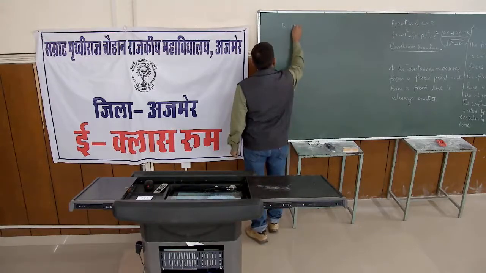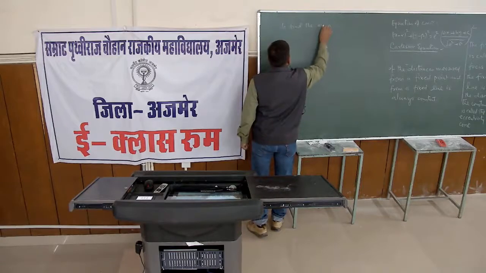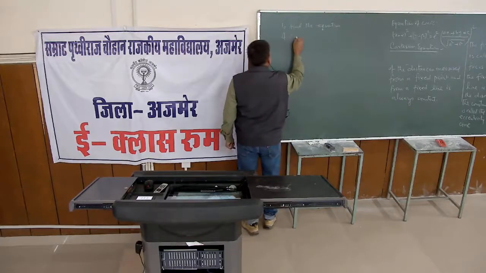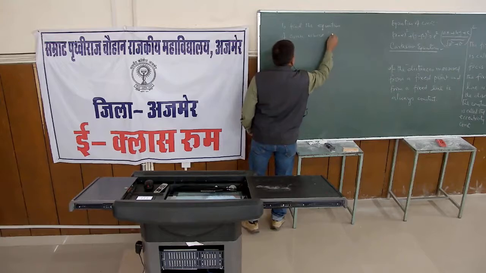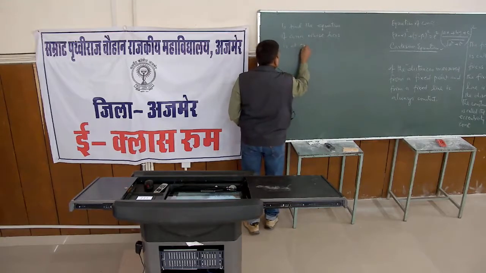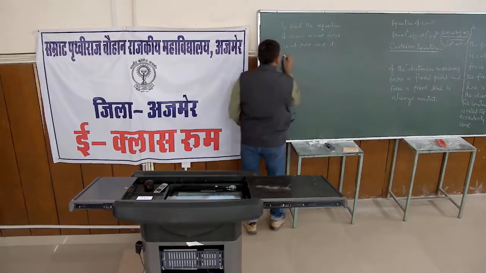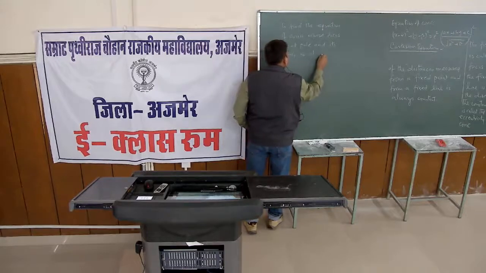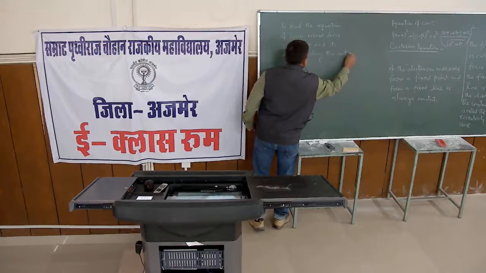Note down, to find the equation of conic whose focus is at pole and its axis is along the initial line.